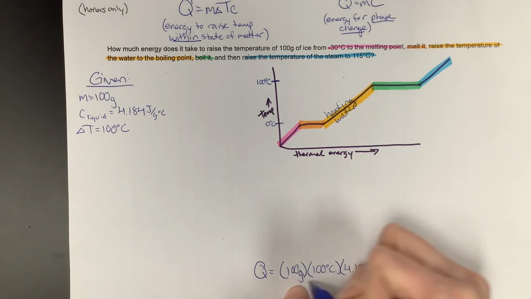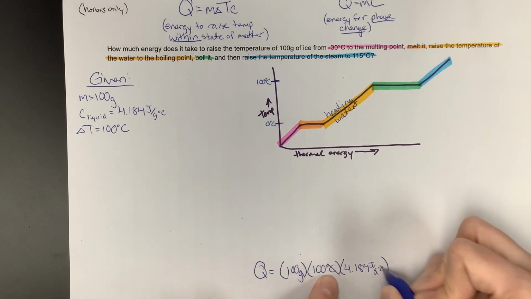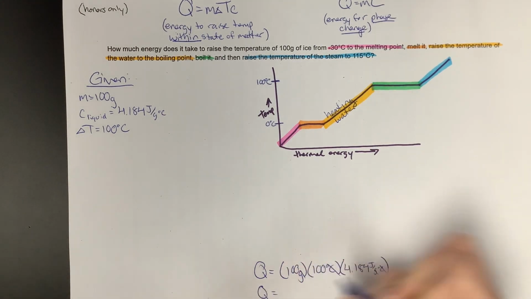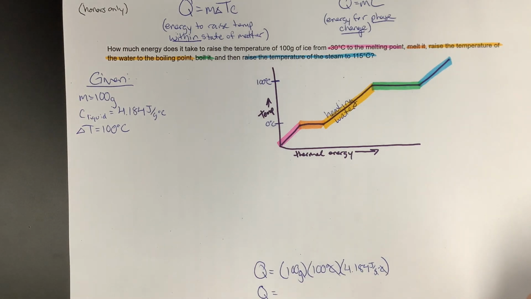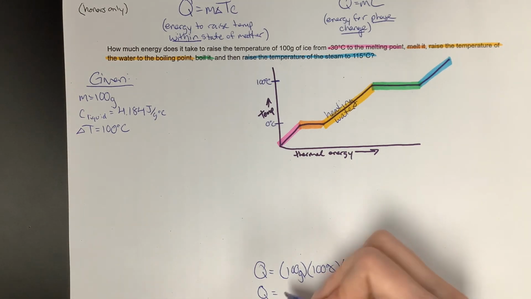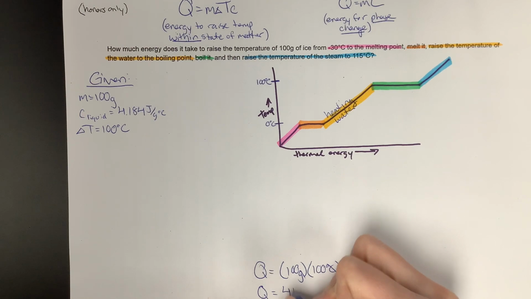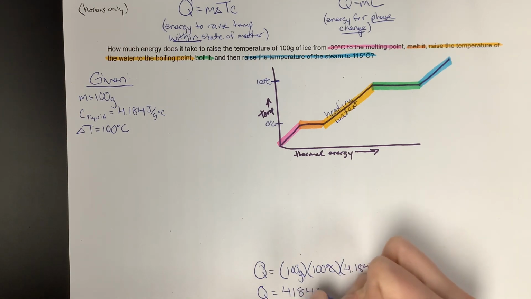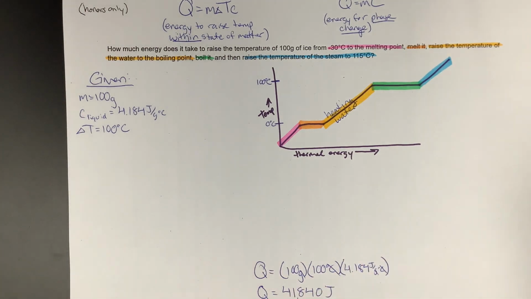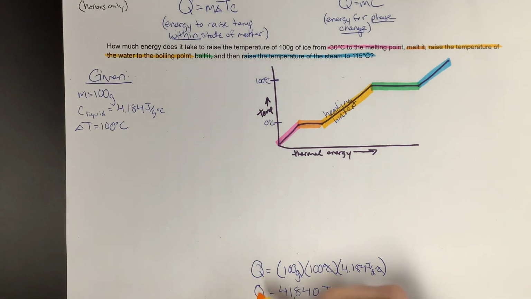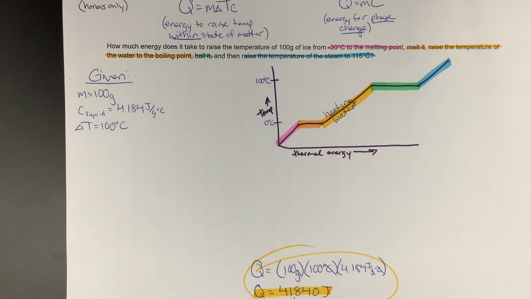Check my units. Grams is going to cancel. Degrees Celsius is going to cancel. 100 times 100 times 4.184 is going to be 41840 joules. So this right here is heating water. How much energy it took just for this section.